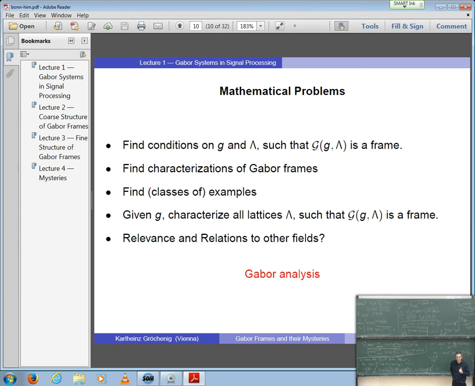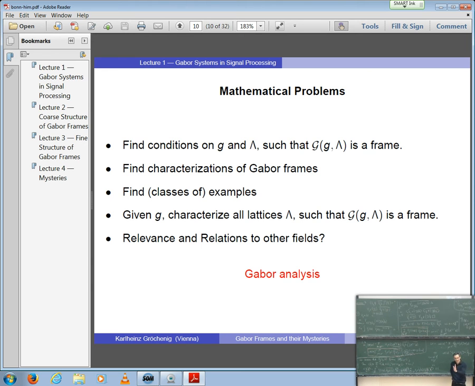They proved it for separable, rectangular lattices. They saw the whole thing as a topic in the analysis of shift invariant spaces.